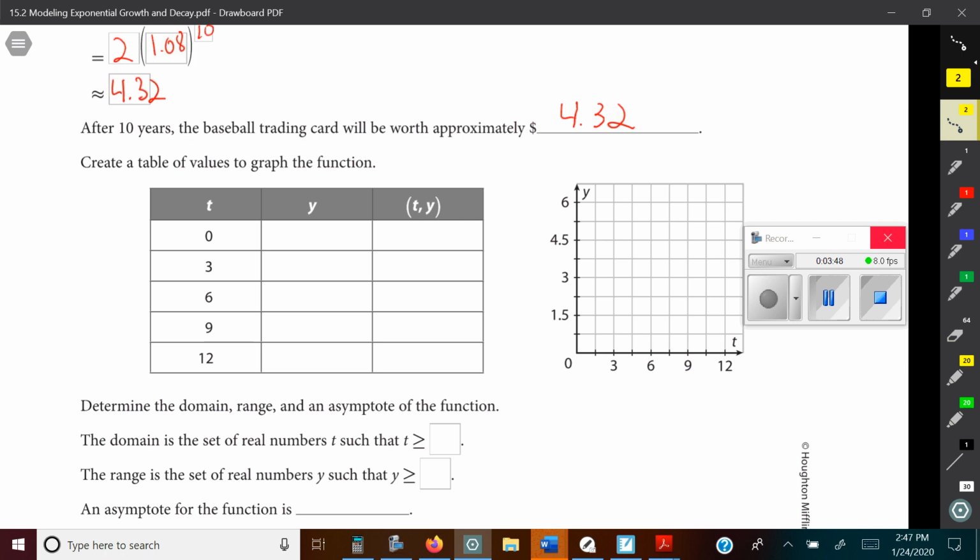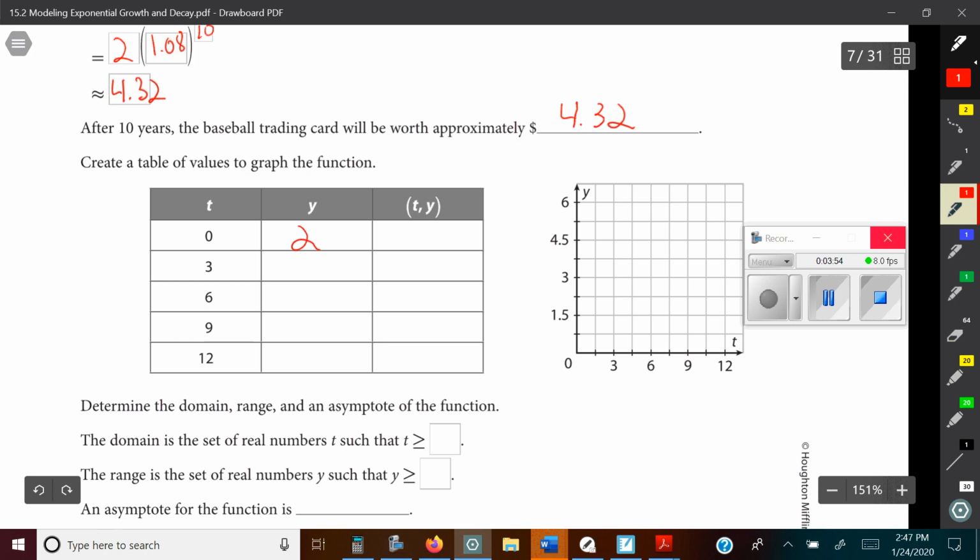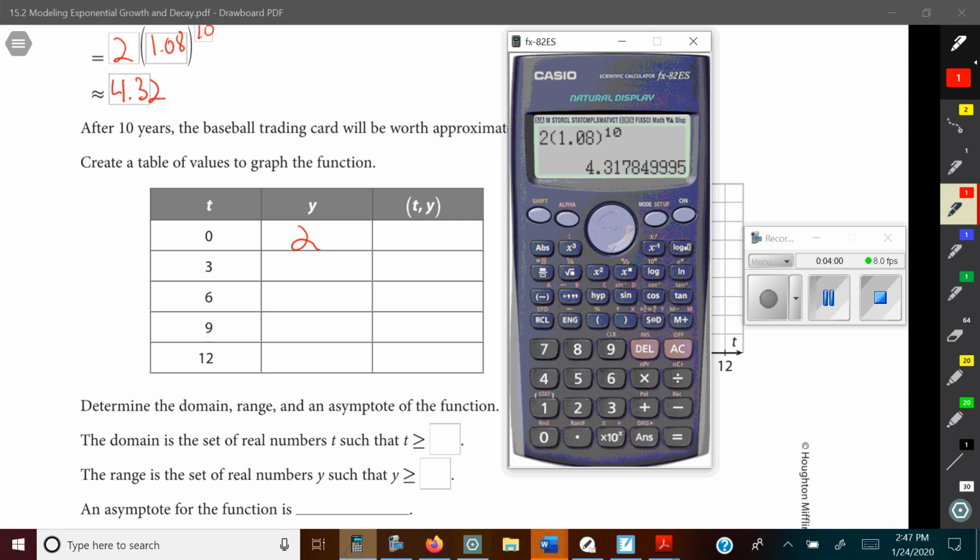Off the top, if you plug in 0, you know you're going to get A, which in this case is 2, so write that. Let's do the next one. We plug it in, and instead of having 10, I am going to put 3.